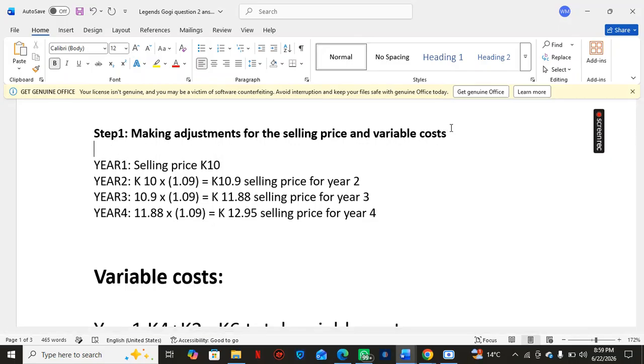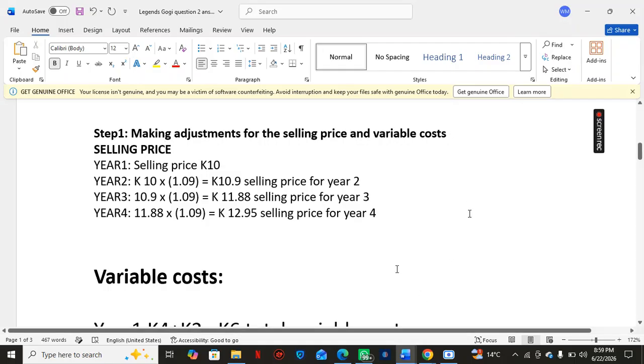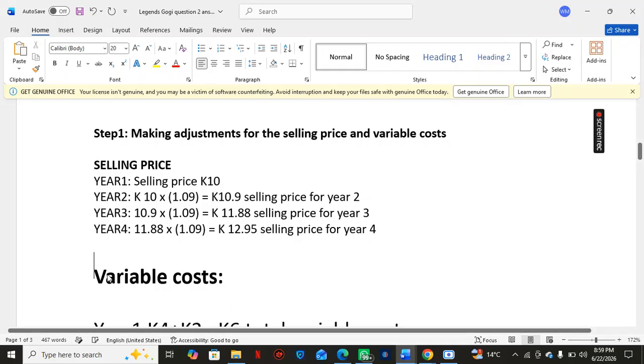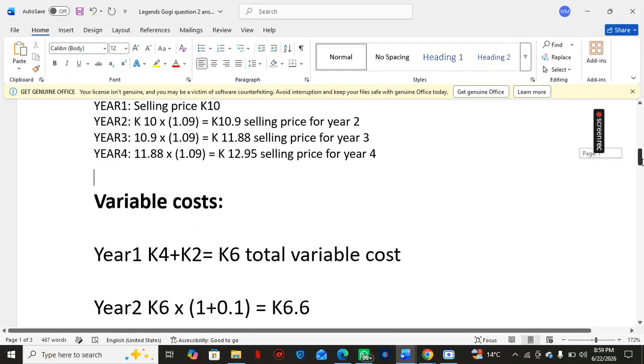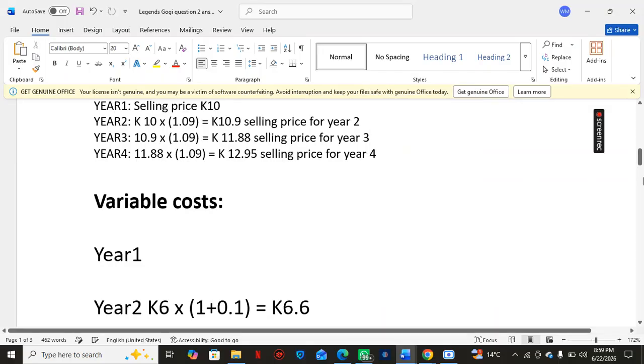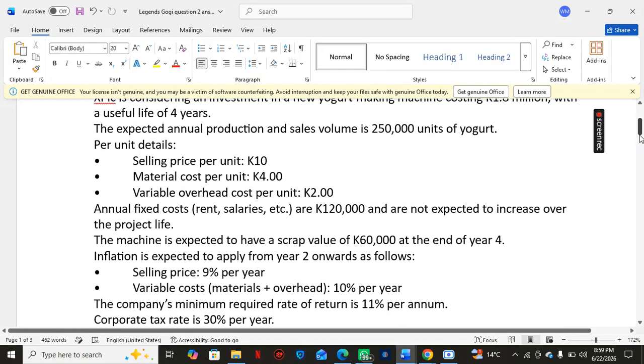All right, now we go to the variable costs. First, we total them up. Remember the variable costs are the material cost per unit and variable overhead cost per unit, so we're just adding them up.